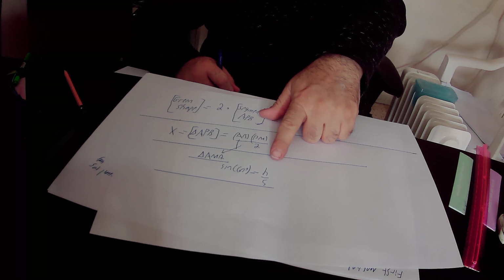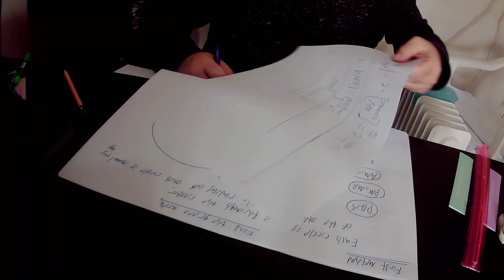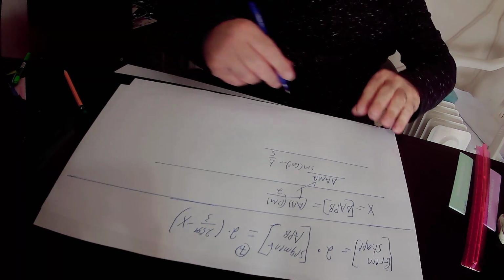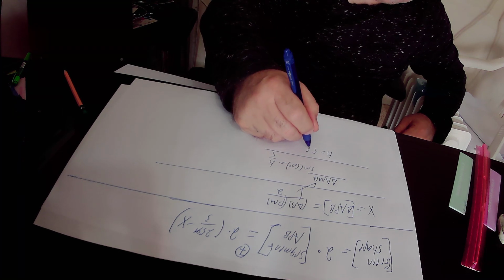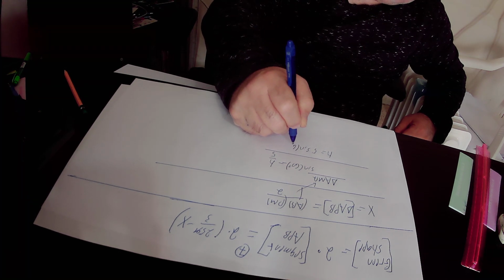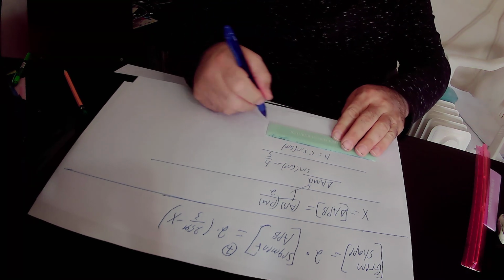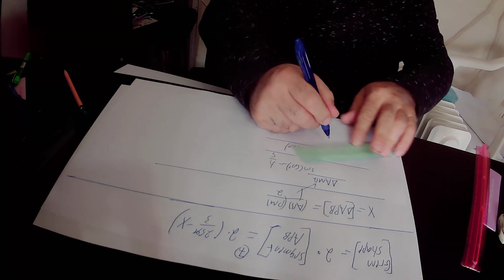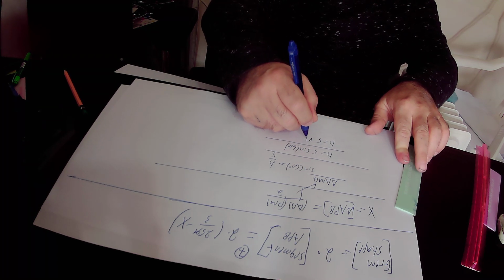Here we will multiply this equation by 5 and we will get that H equals 5 times sine 60 degrees, and sine 60 degrees is square root of 3 over 2, so we substitute sine 60 degrees by square root of 3 over 2.